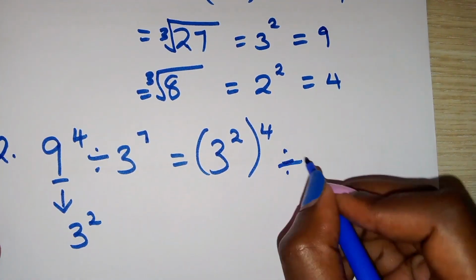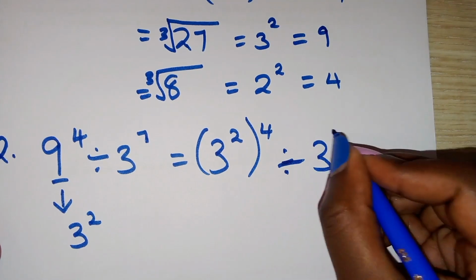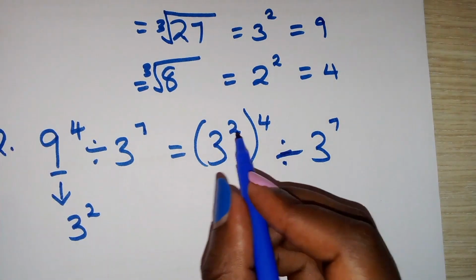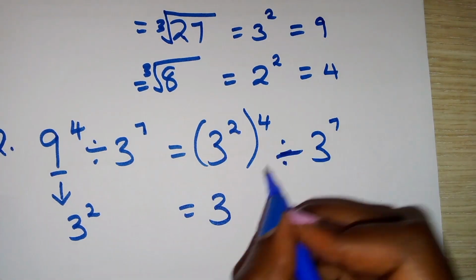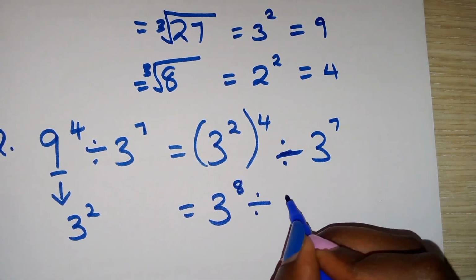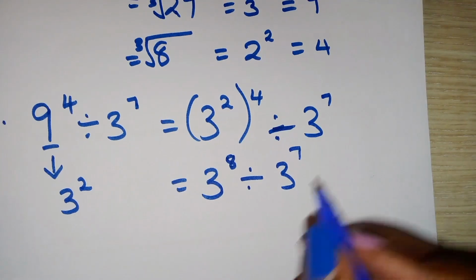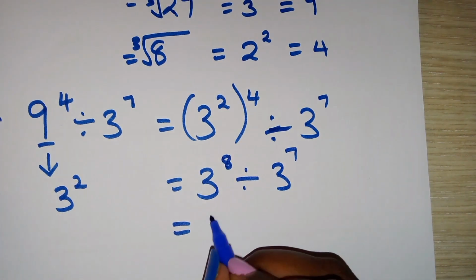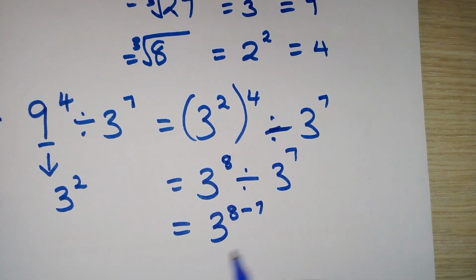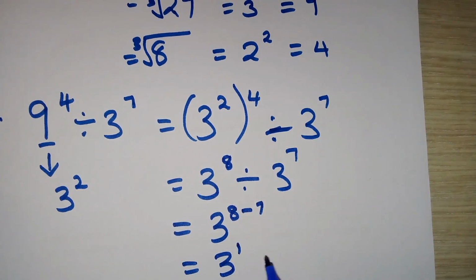And then we have divided by 3^7. When there's a bracket, multiply the powers. So 2 times 4 is 8, divided by 3^7. When it's a division, we need to minus the powers. So 8 minus 7 gives 3^1, which is the same as 3.